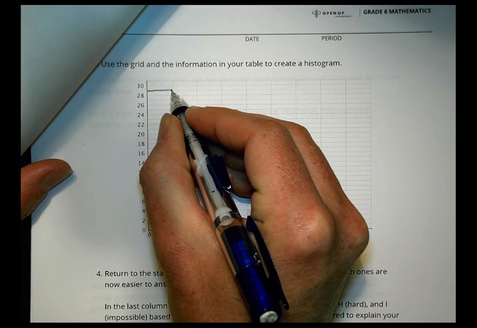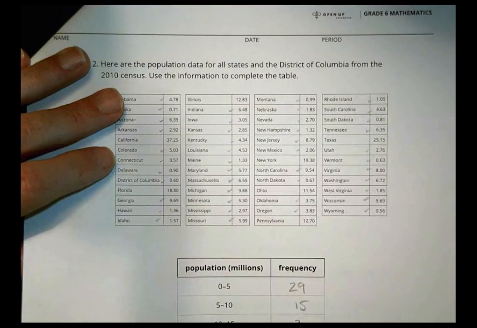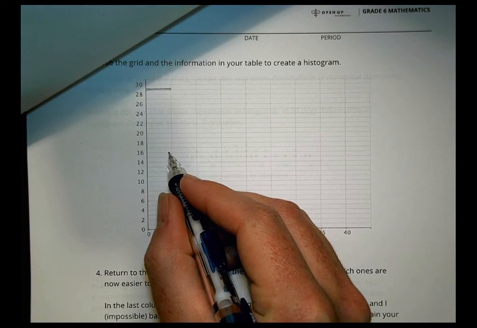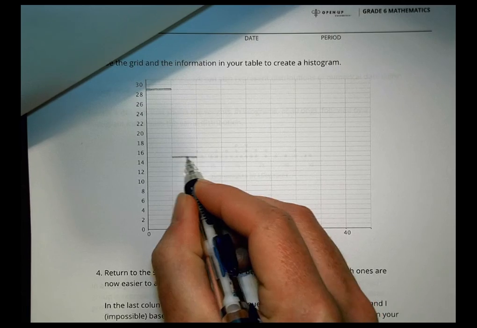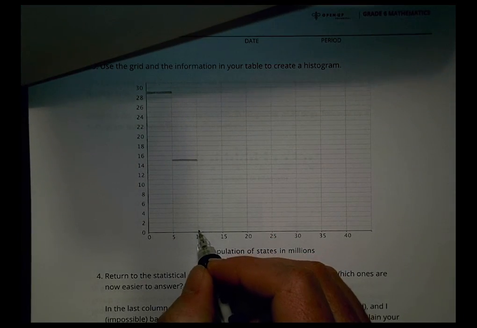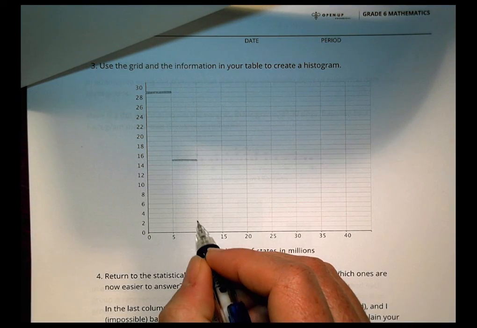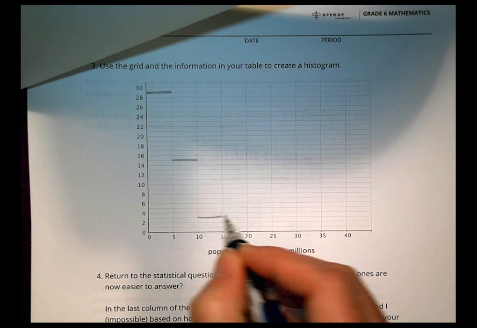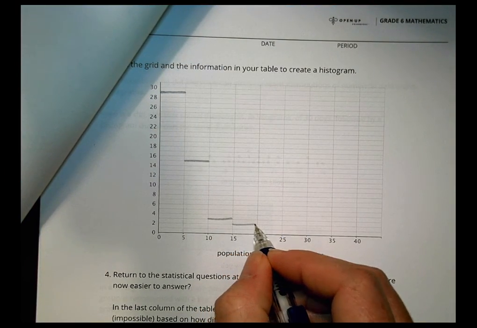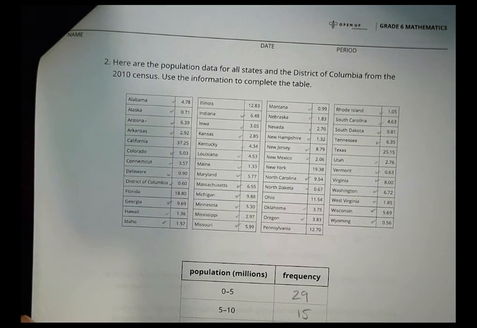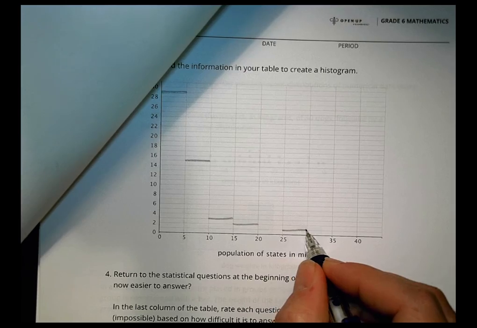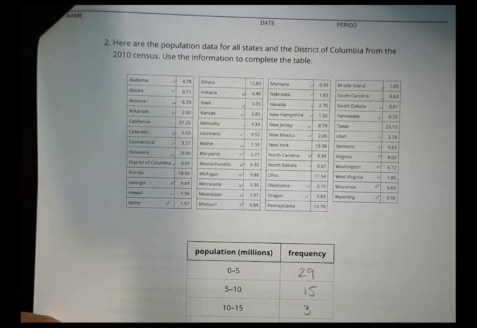I'm going to draw a line for now and come back in a second. 5 and 10 goes to 15. 10 to 15 is 3. 15 to 20 is 2. None for 20 to 25. 25 to 30 is 1. And then 35 to 40 is also 1.